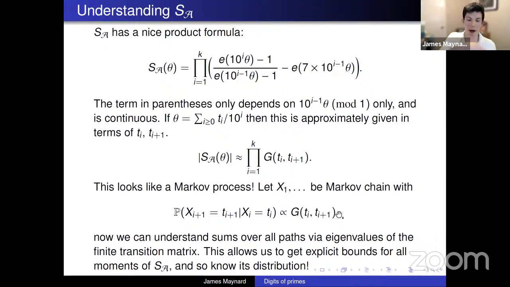So this defines a Markov process where you're randomly walking on the digits, and then the probability that you trace out a given particular path will be precisely proportional to the size of your Fourier transform evaluated at the point whose decimal expansion is precisely given by the path that you walk along the digits of.